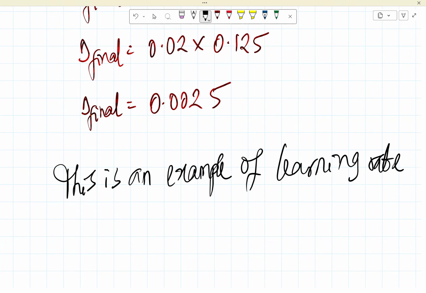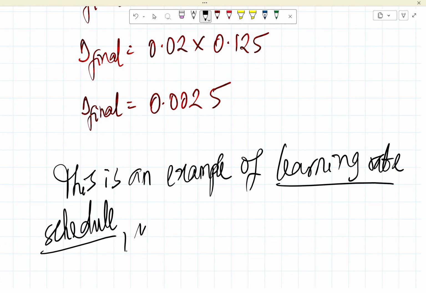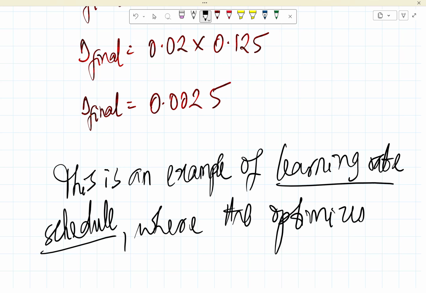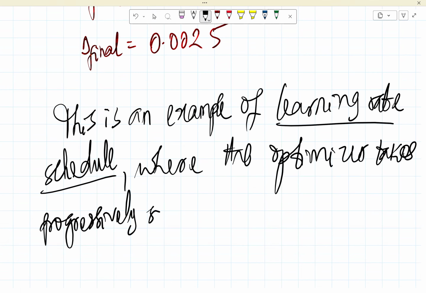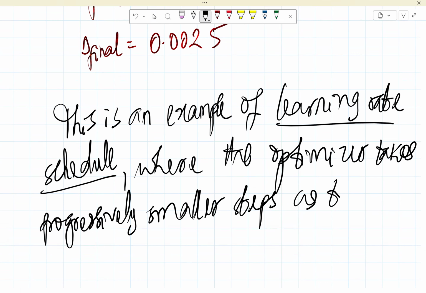This is an example of a learning rate schedule where the optimizer takes progressively smaller steps as training proceeds.